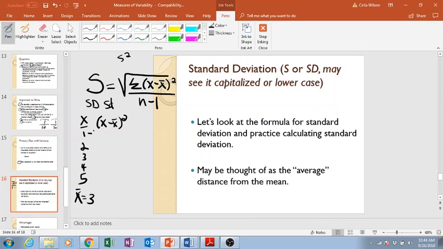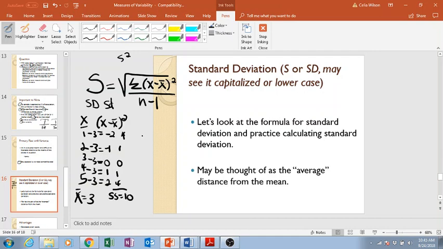So 1 minus 3, 2 minus 3, 3 minus 3, 4 minus 3, 5 minus 3. What do we get here? Negative 2, negative 1, 0, 1, and 2. And then squaring those: 4, 1, 0, 1, 4. 4 plus 1 is 5, that's 8, 9, 10. So our sum of squares is equal to 10.